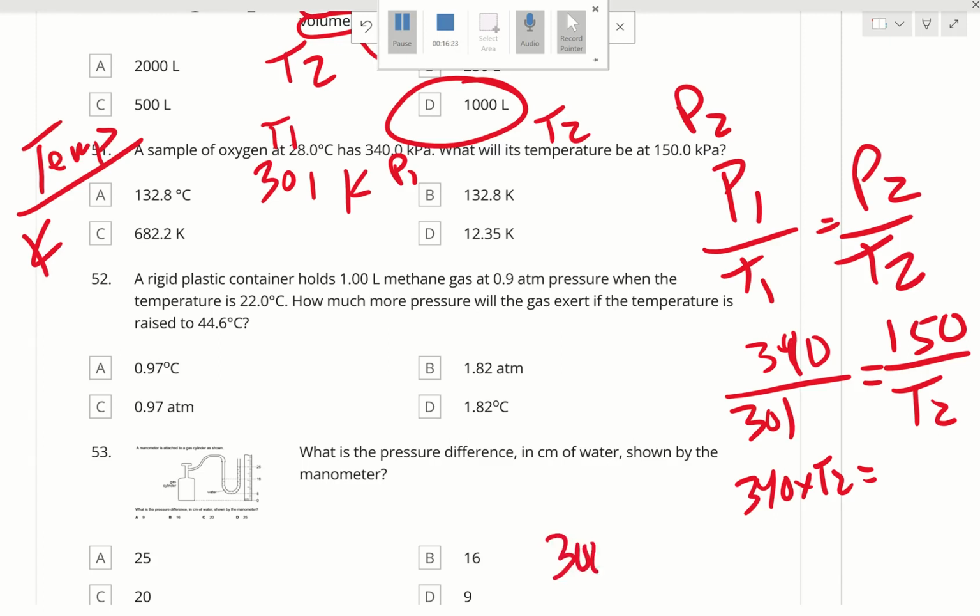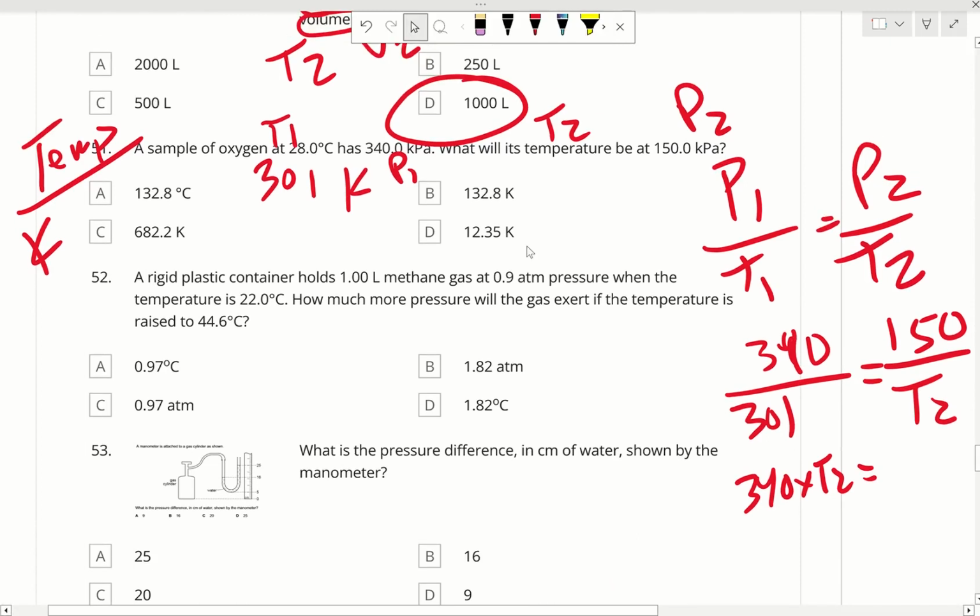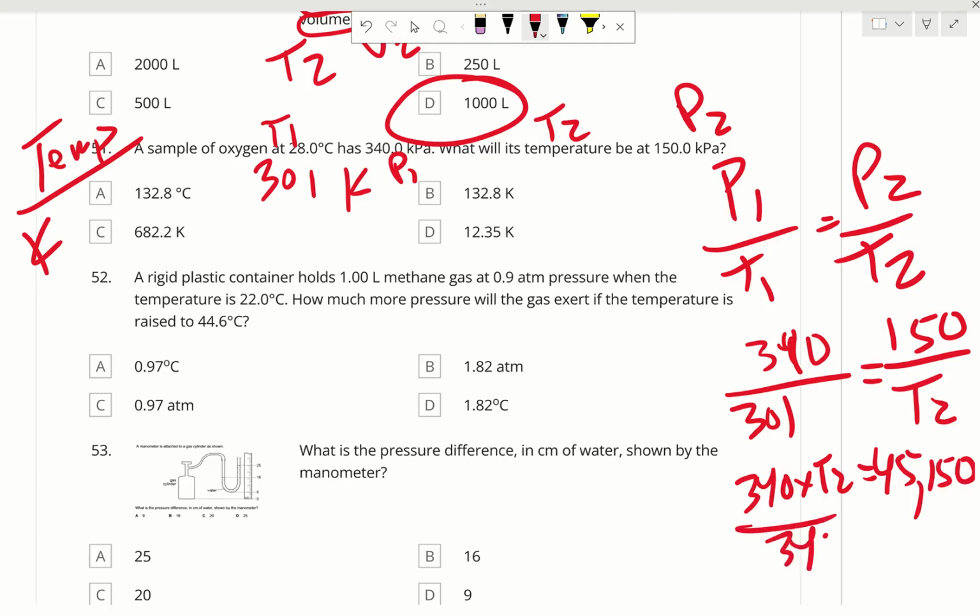I could just do 300 times 150, but for now I'll just use the calculator. You guys are not going to have a calculator in your exam, but I'll do 150 times 301 to give you the exact answer. 45,150. I divide by 340. My T2 is 132.8 Kelvin.